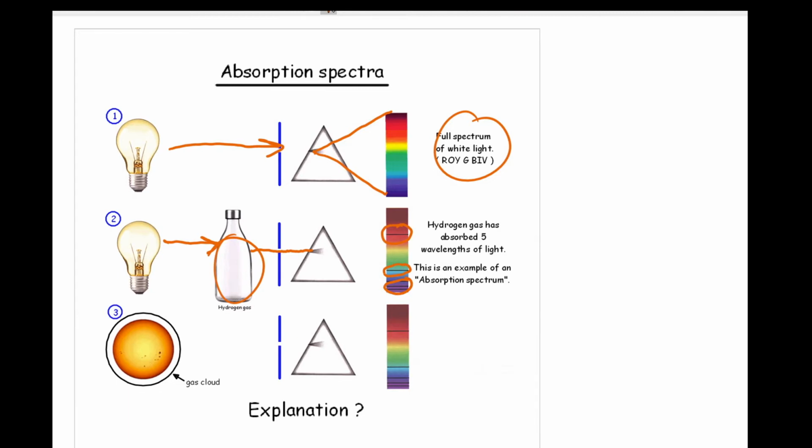So what we have now is an absorption spectra. We've got those spectral lines there. It's been absorbed by the hydrogen gas.